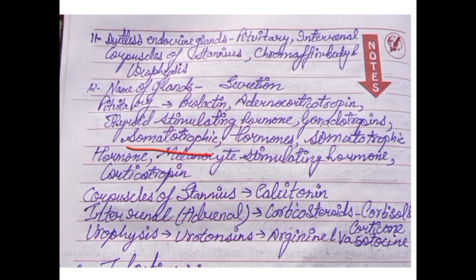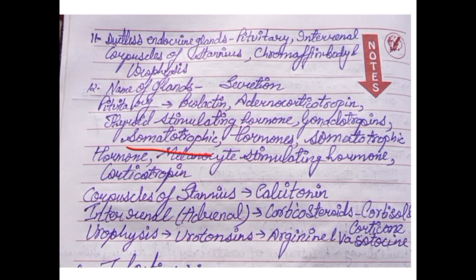Then gonadotrophins induce the hormones responsible for maintaining the gonads, or gonadal development, in the fishes. Then somatotrophic hormone helps in growth, and melanocyte stimulating hormone generally provides the color in the fishes.